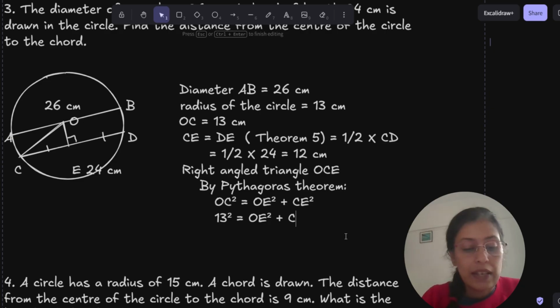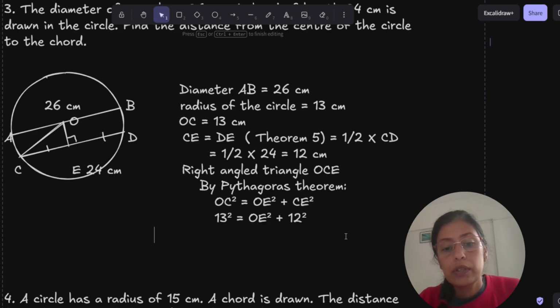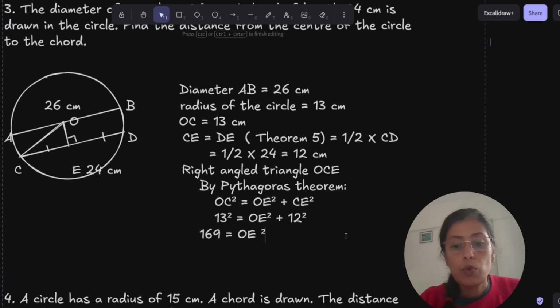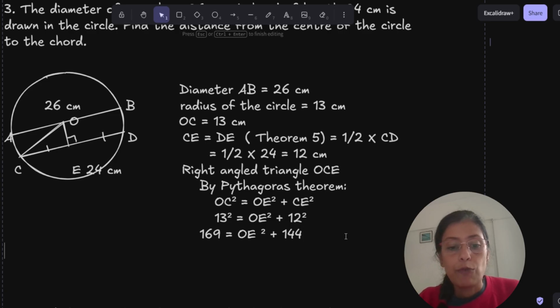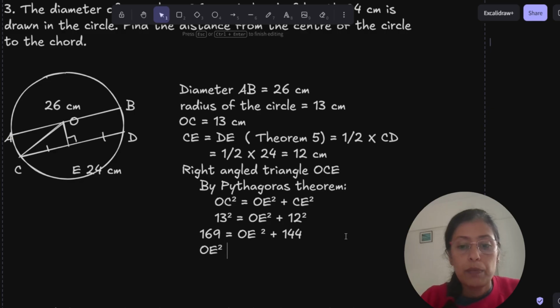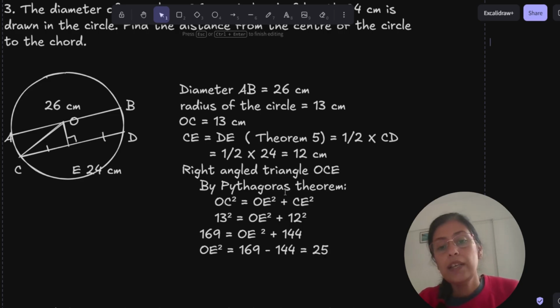So here we are saying CE is 12 square. Now 13 square is 169, and we don't know OE square, so let's leave it as is. 12 square is 144. Then our OE square is going to be 169 minus 144, which is 25.